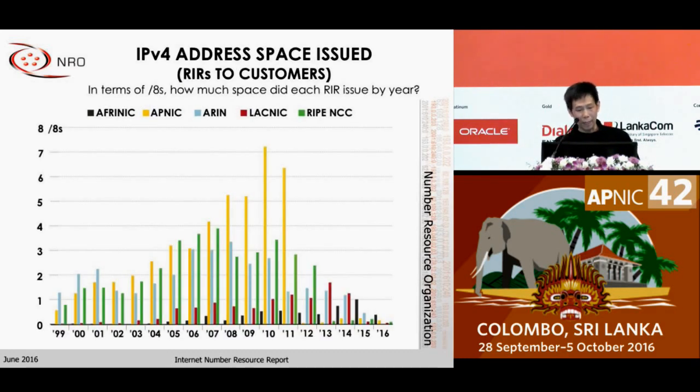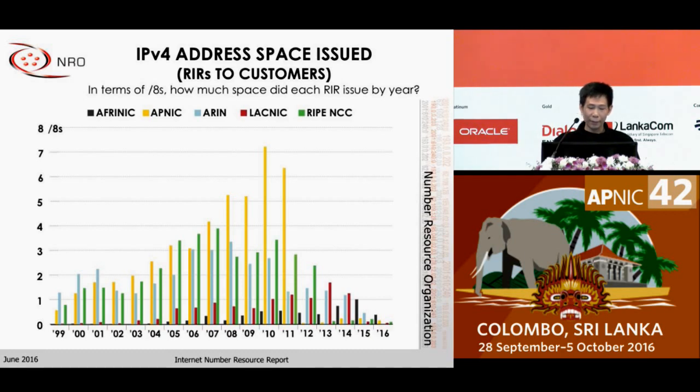Let's look at the IPv4 delegations by year since 1999. You can see the IPv4 delegations increased from 2002 to 2010, then slowed down after 2011. You should still remember that 2011 is the year of the IANA central IPv4 pool exhaustion.